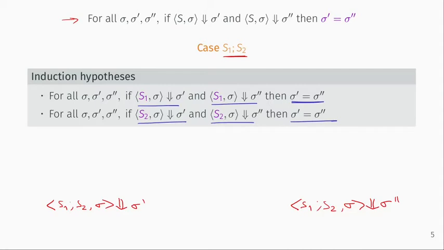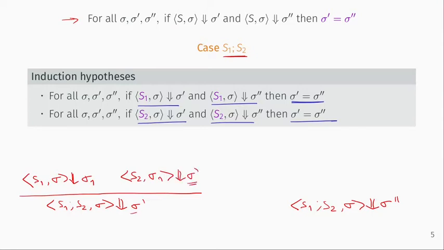So in the first case, this means that there's some intermediate state, let's call it sigma 1, for example, such that S1 from sigma leads to sigma 1, and S2 from sigma 1 leads to the sigma prime that we wanted to have here.